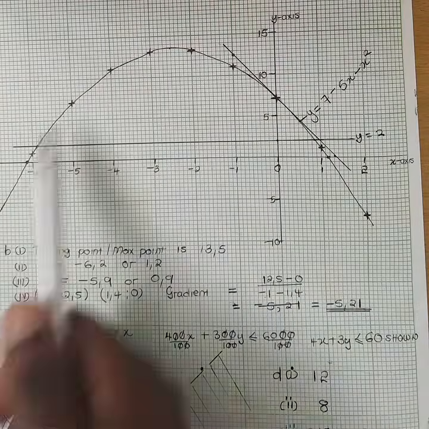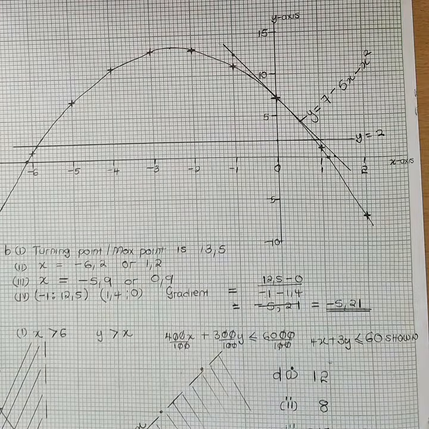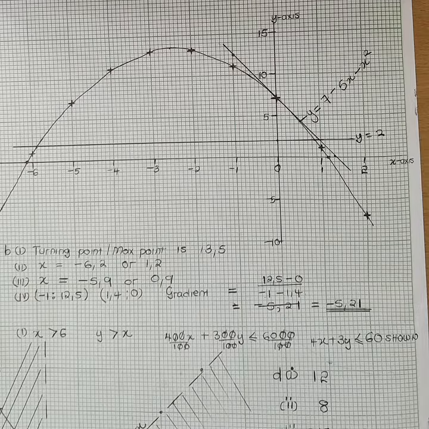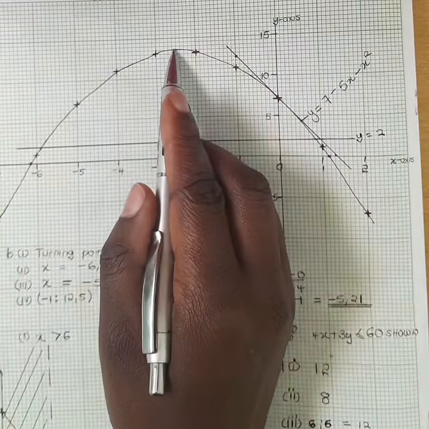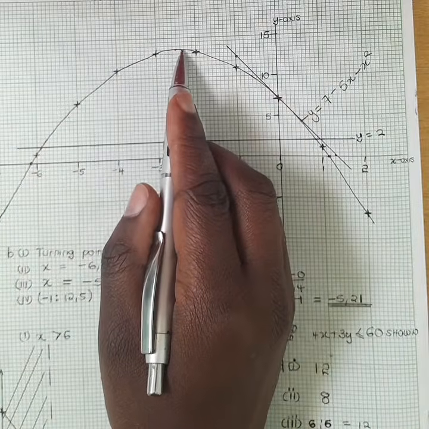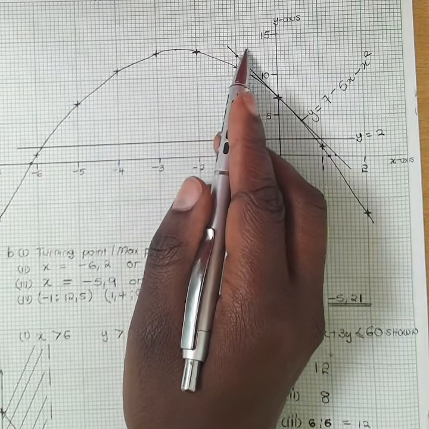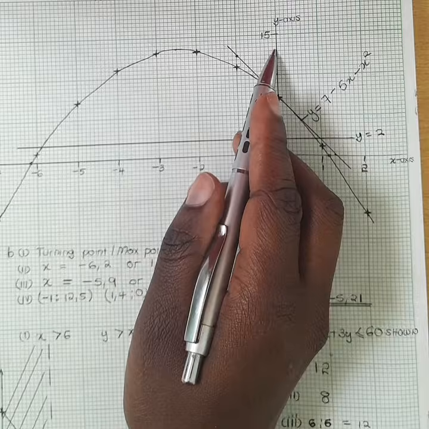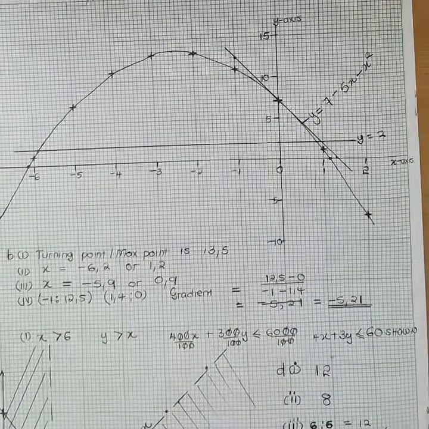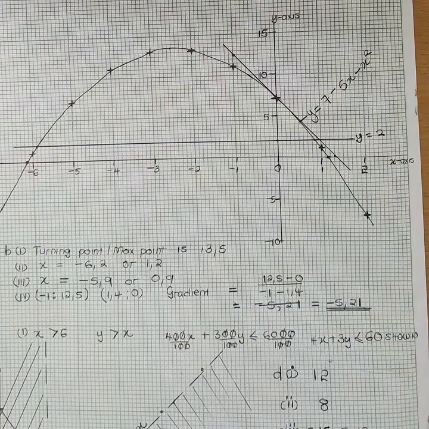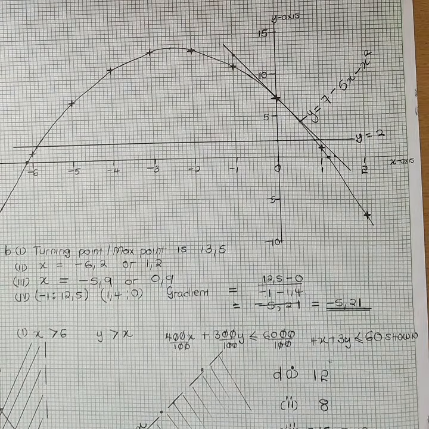So this is the graph of y is equal to 7 minus 5x minus x squared. We want to find the maximum value. The maximum value is this turning point. This turning point is in line with 13.5. So it means that the maximum point is 13.5.